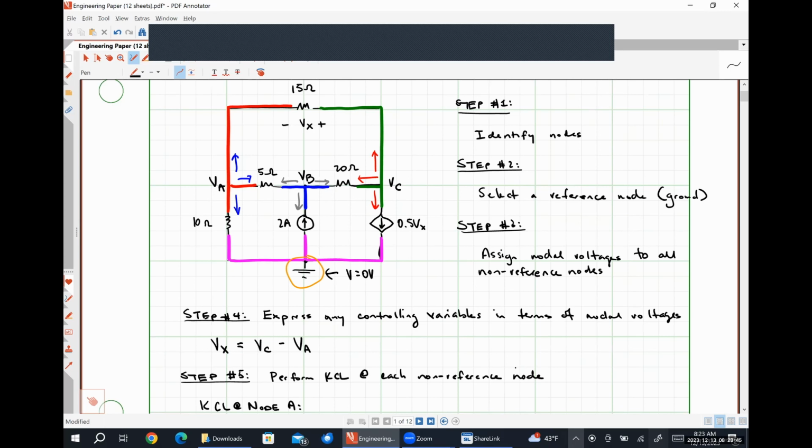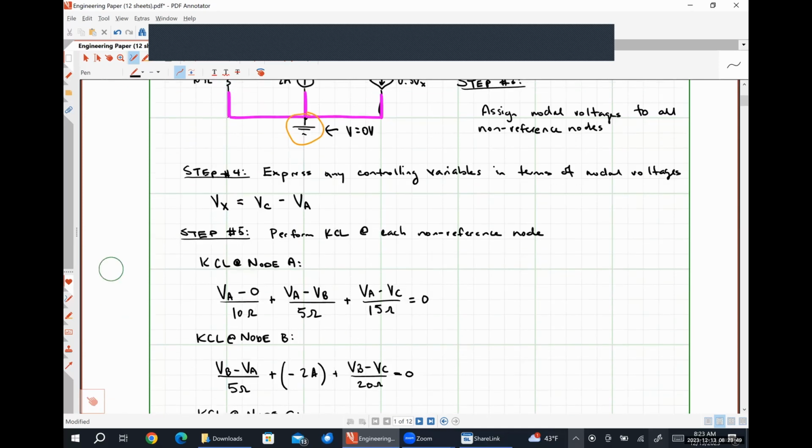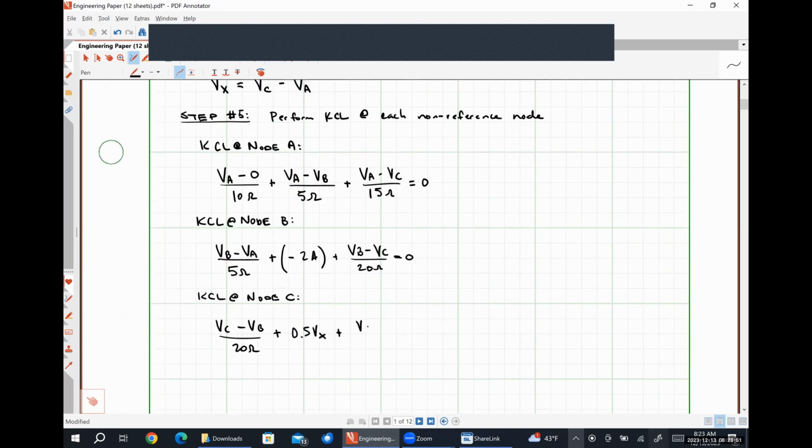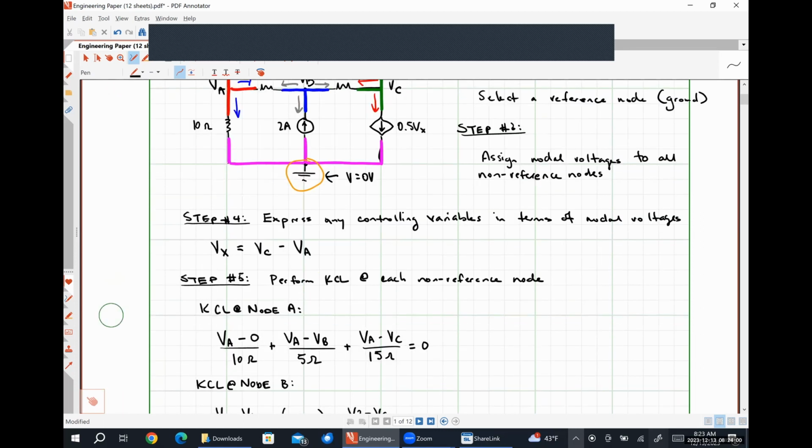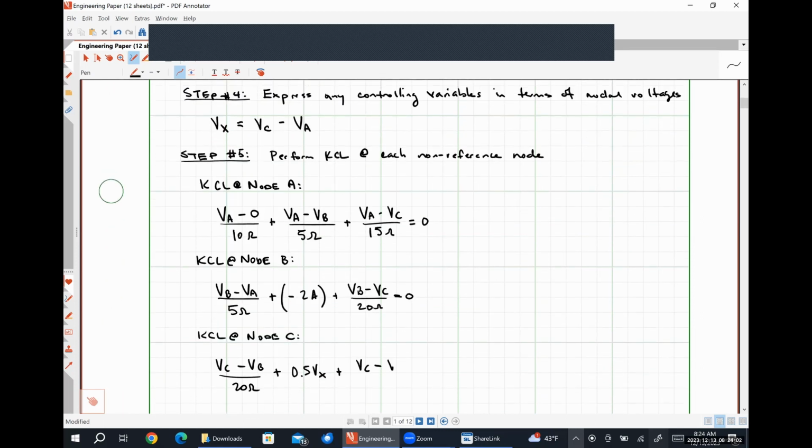What node does the current start from? It starts from VC. What node does the current flow to? All right, so VC minus VA. What's the resistor value? So divided by 15 ohms.